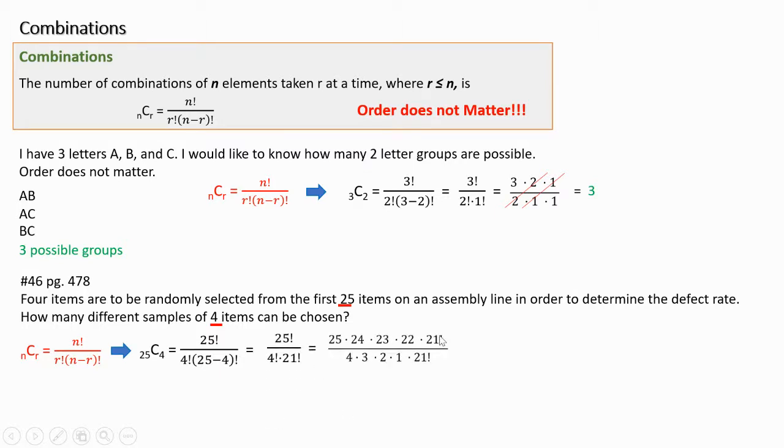Why did I stop at 21? So I can cancel the 21 on the bottom. And the 4 factorial gives us 4 times 3 times 2 times 1, which is 24. 4 times 3 is 12, times 2 is 24, so that cancels with the one there. So I'm left with 25 times 23 times 22.